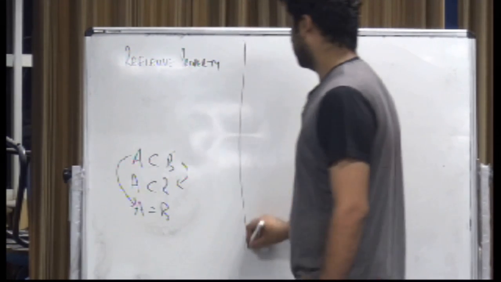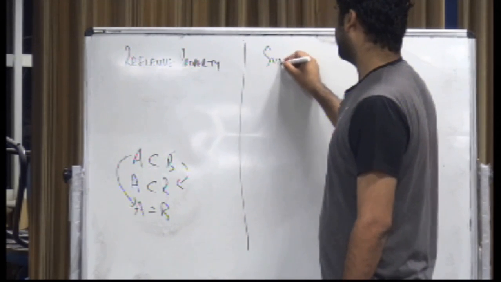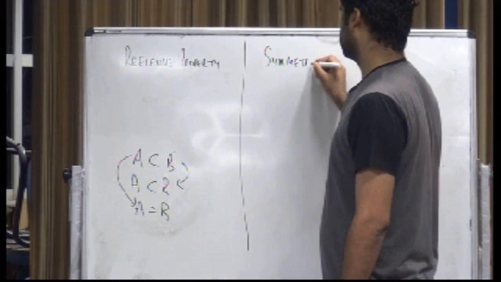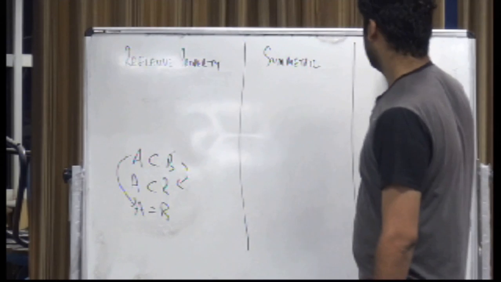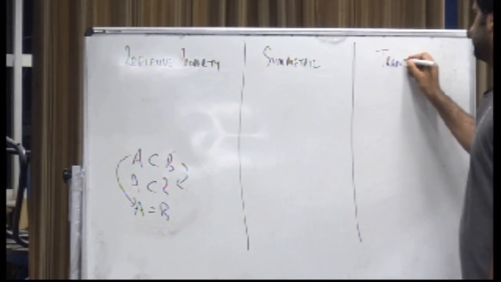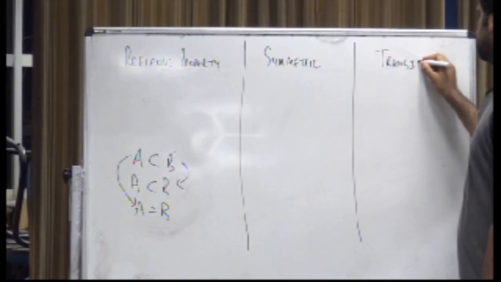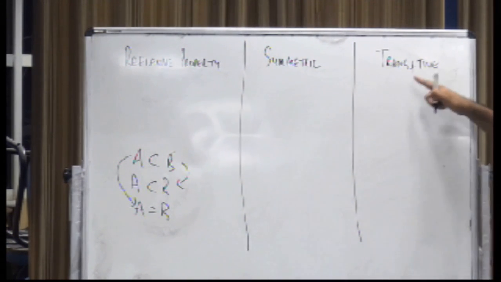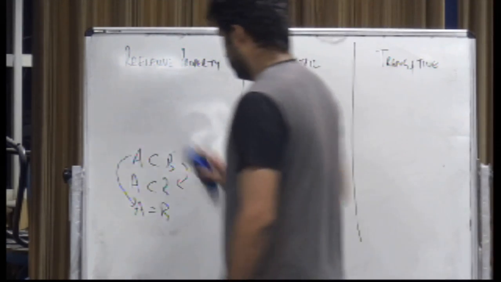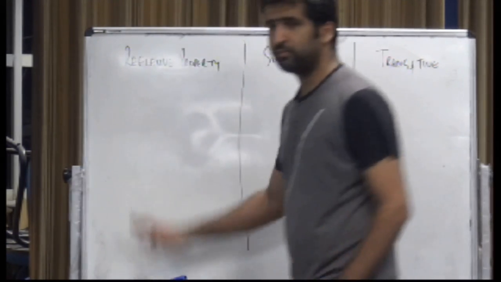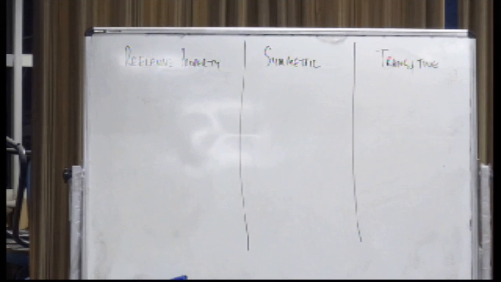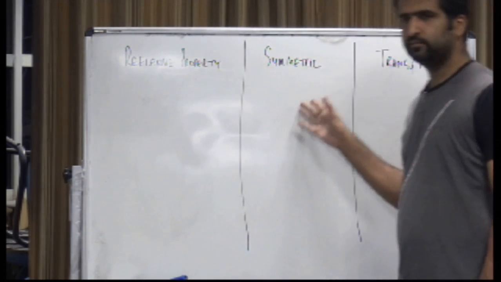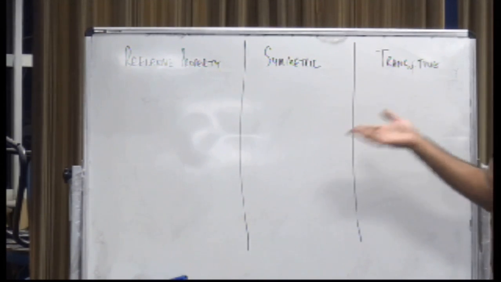Then we have symmetric and transitive. Is this the correct spelling? Transitive, right? So these are the three properties which a relation can or cannot satisfy. If the relation satisfies all these three properties, it is called an equivalence relation.